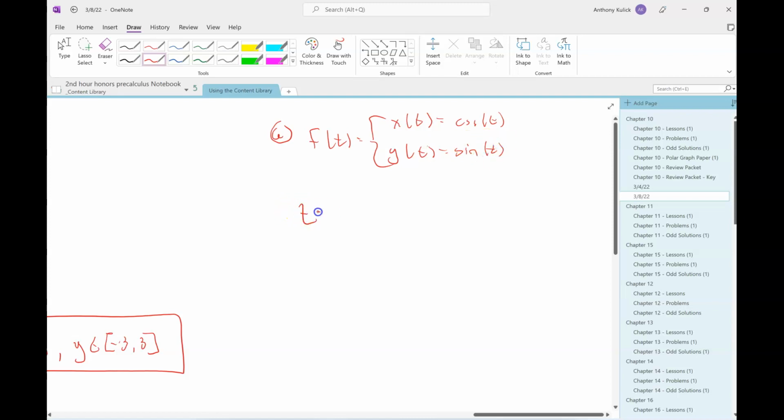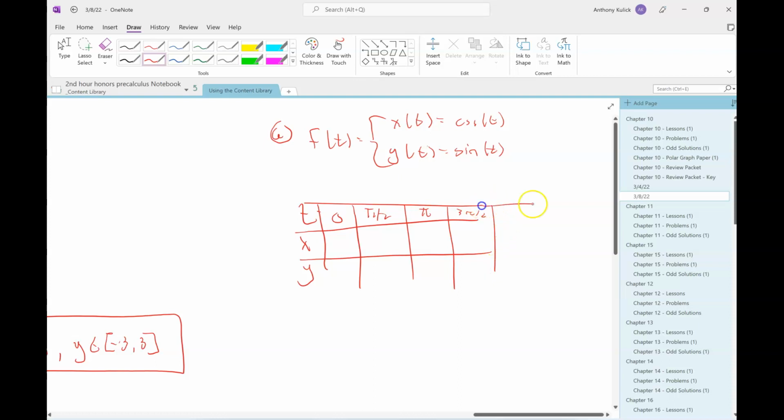So we have a T, X, Y table here. So my values of T are this, right? You just substitute the T in for... Yeah, so like, okay. Thanks.